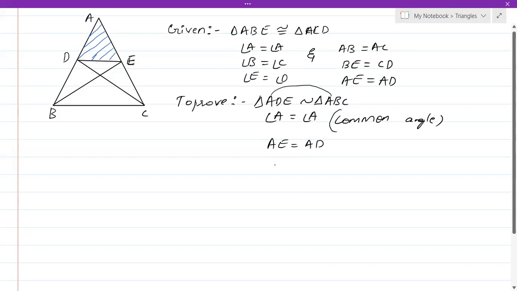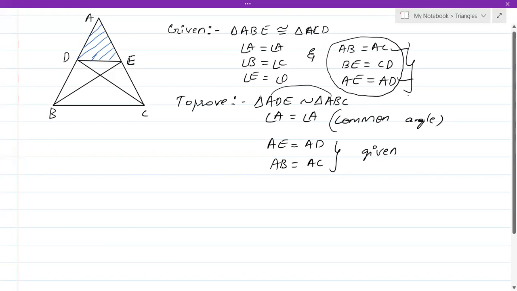Or they've also given that AB is equal to AC, isn't it? We have written it, given. It is here. Two triangles are congruent, using the given rule, we wrote this, right? Out of this, let me take the first one and the last one.